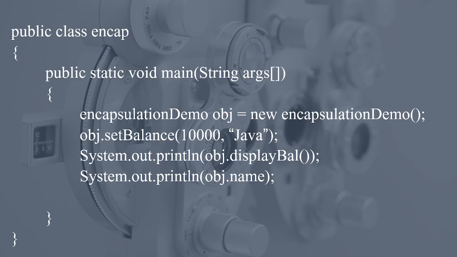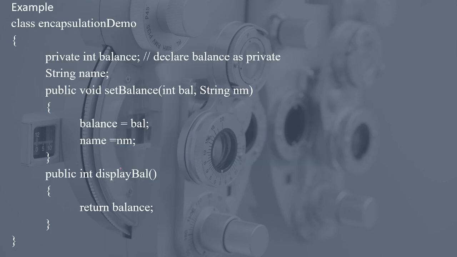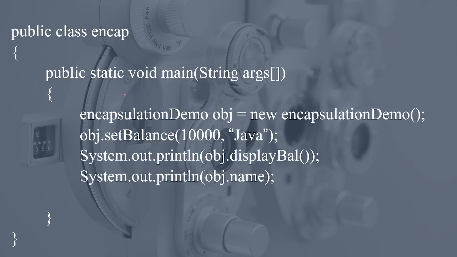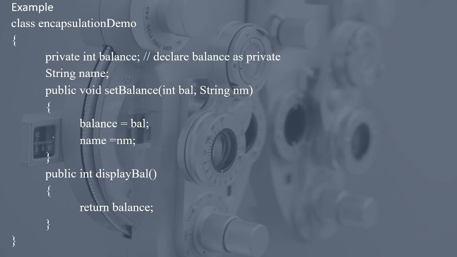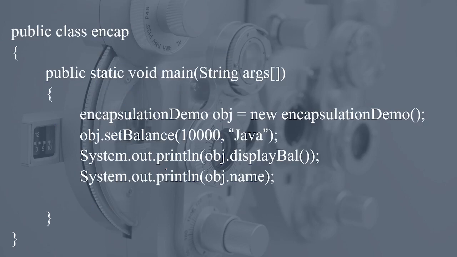You're calling the display method and the set balance method, and the object's name. In display you have the return balance, which is updated here. So you're putting the values and just printing them. Remember, balance is private. You cannot call it in this class by using the object.